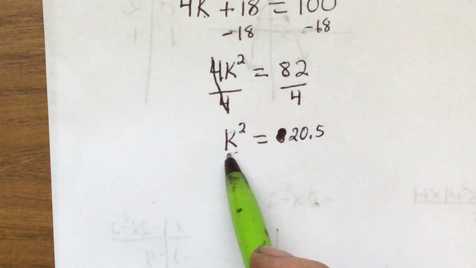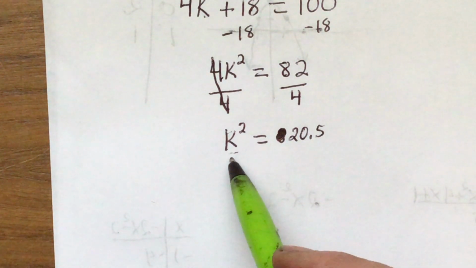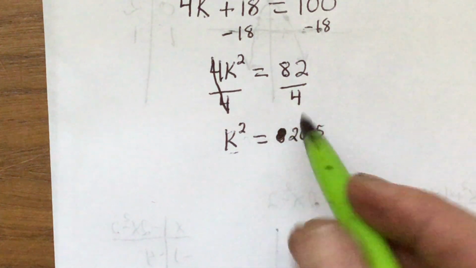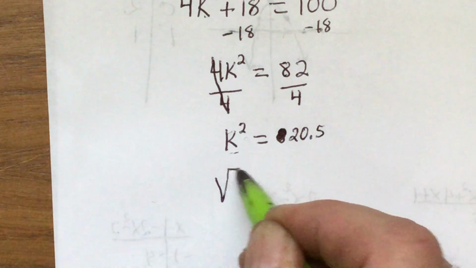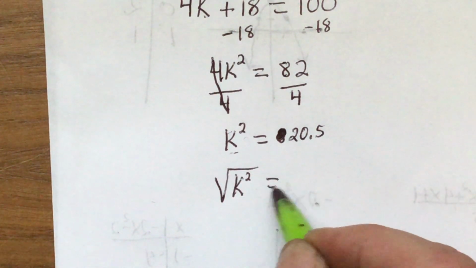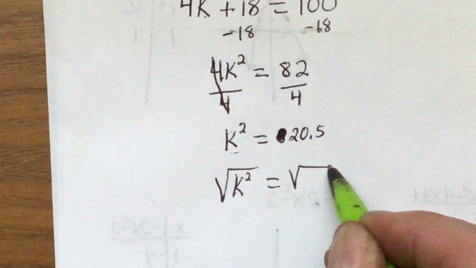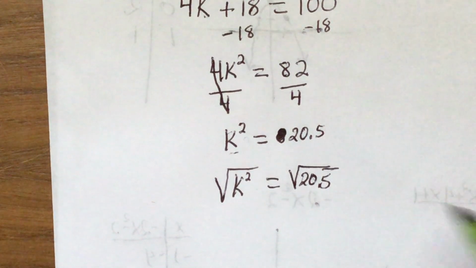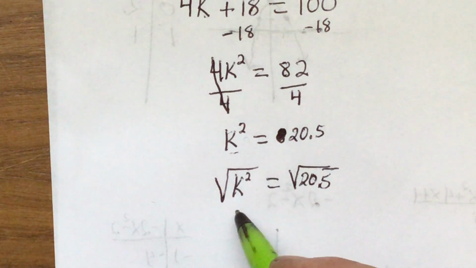Nothing more being multiplied. And what comes next? Exponents. Yes, here's an exponent. It's the power of 2. To get rid of the power of 2, square root. So the square root of k squared, square root of 20.5. This side is pretty easy.